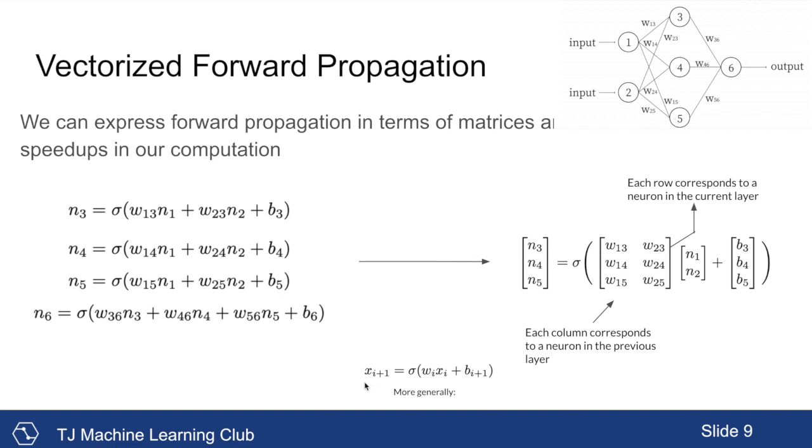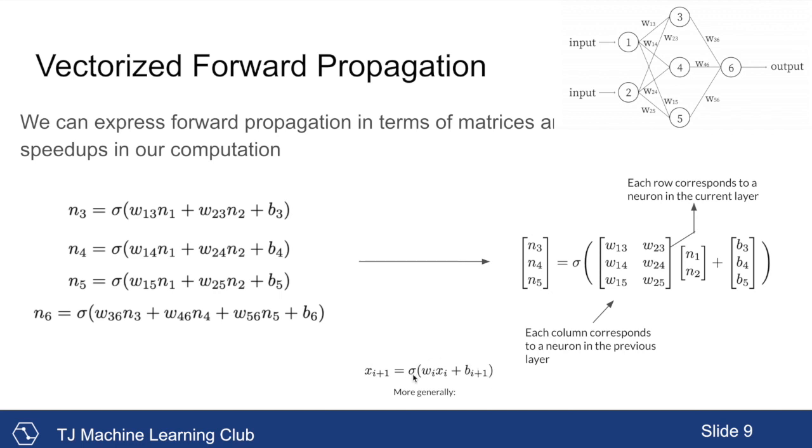And so more generally, you can formalize the forward propagation algorithm with this equation, where x i plus 1 represents the output of the i plus 1th layer, and these are just the weight matrices and the output matrices of the previous layer, and then this is the bias terms that correspond to the layer i plus 1, right?